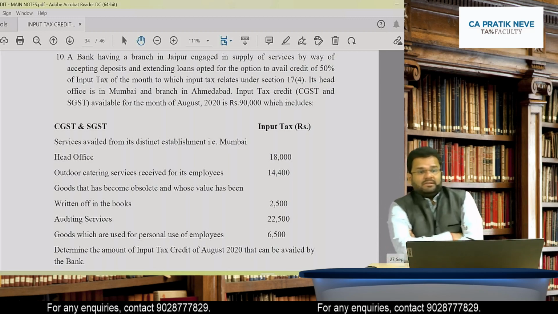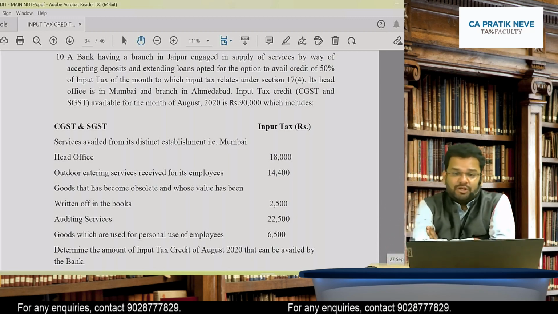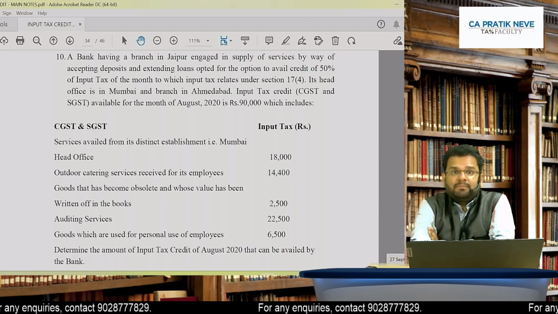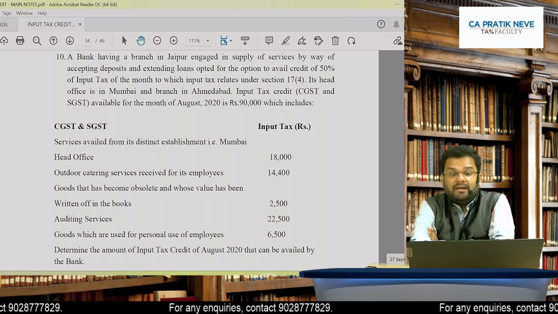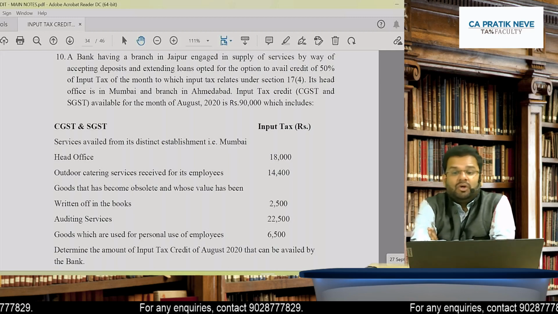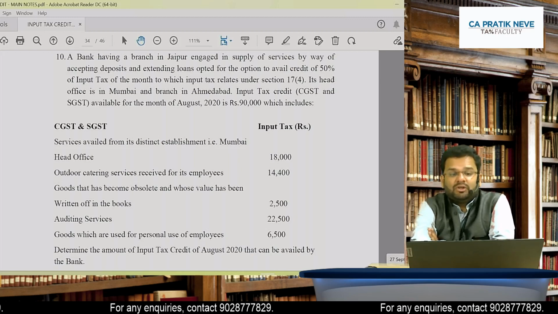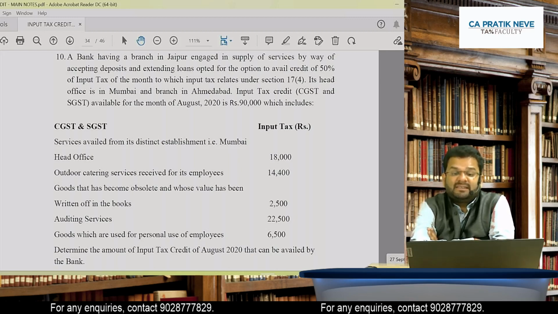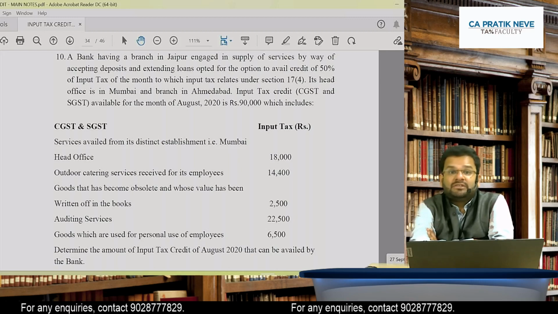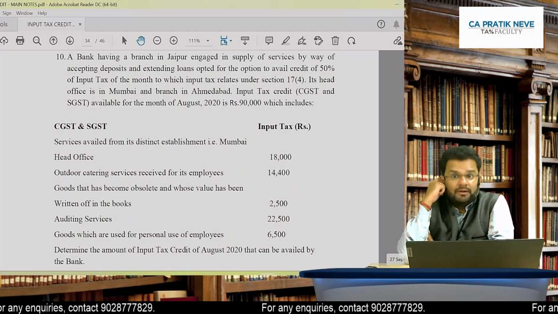So it says a bank is having a branch in Jaipur and it is engaged in supply of services by way of accepting deposits and extending loans, and it has opted for the option to avail credit of 50% of input tax of the month to which input tax relates under section 17(4). Did you understand?